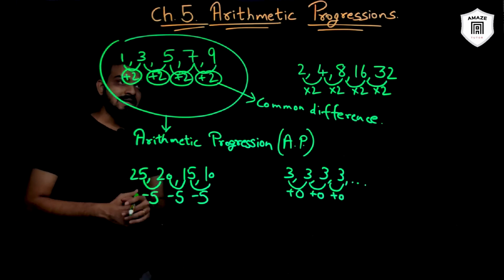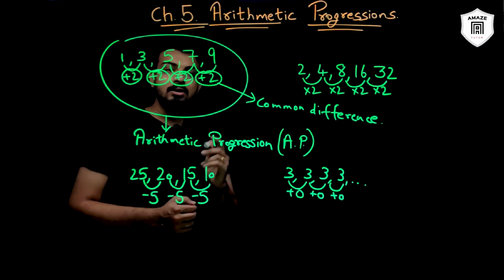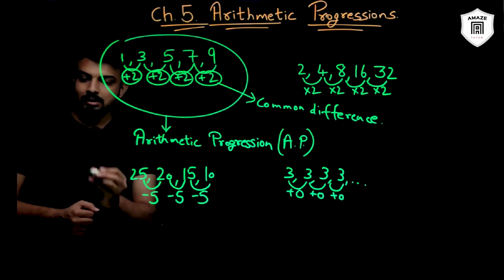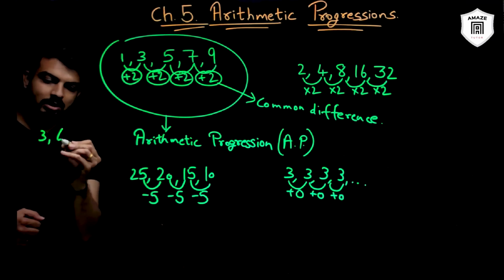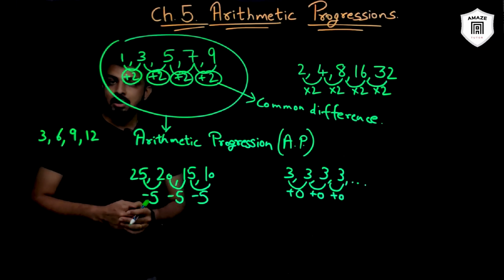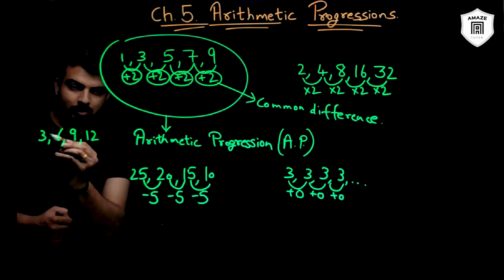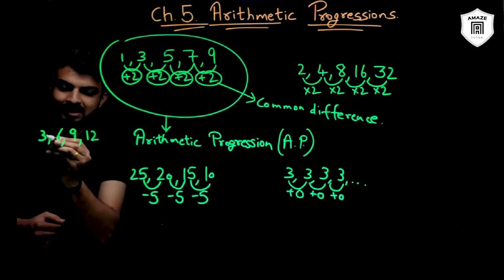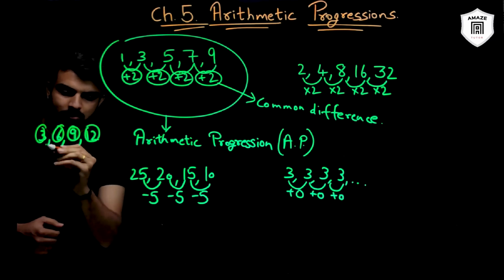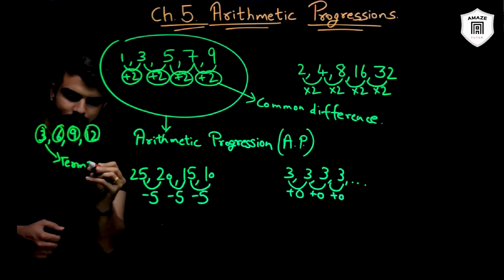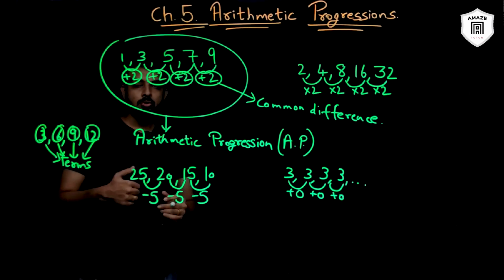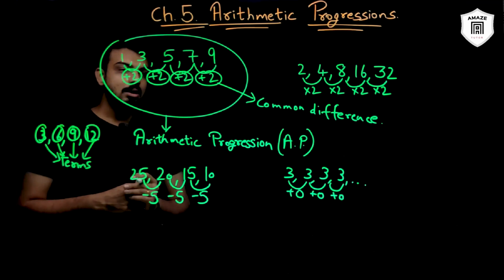Now let's move on to the other terminology. Let me write down one arithmetic progression here. Let's say I have 3, 6, 9, 12, and so on, right? Now in a particular arithmetic progression, whatever it is, each one of these is called a term.